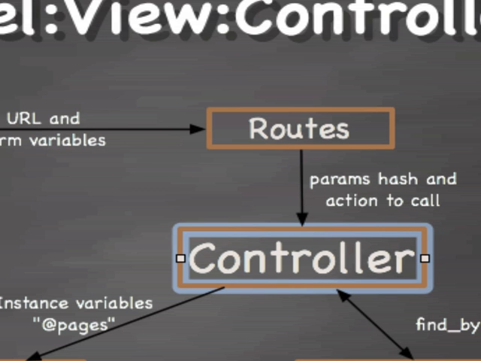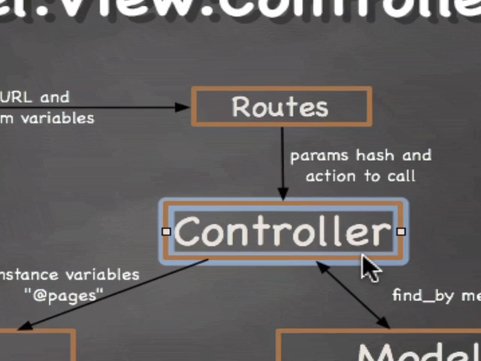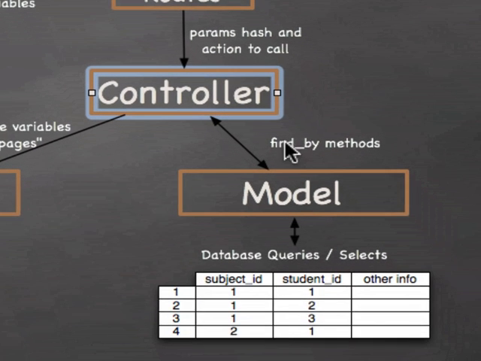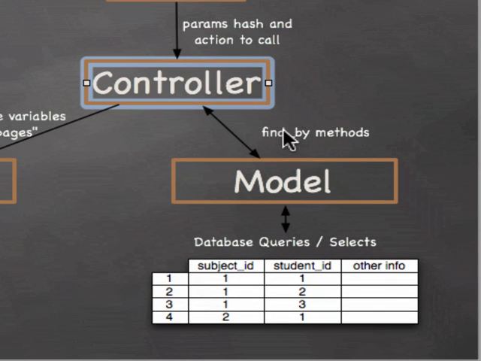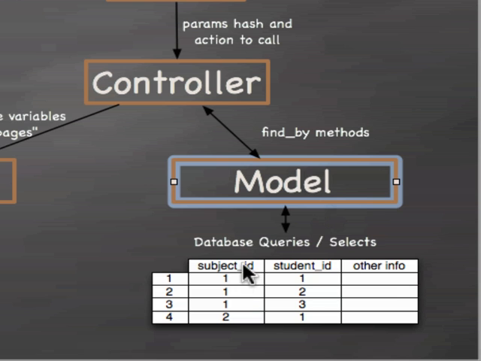So all of that information from the URL, this is from the user, gets passed through the routes into the controller itself. Now the controller has the main operation of directing traffic, getting database information, and passing information back onto the view. So from here, typically we use find methods, which go into our model and select various rows from our database.